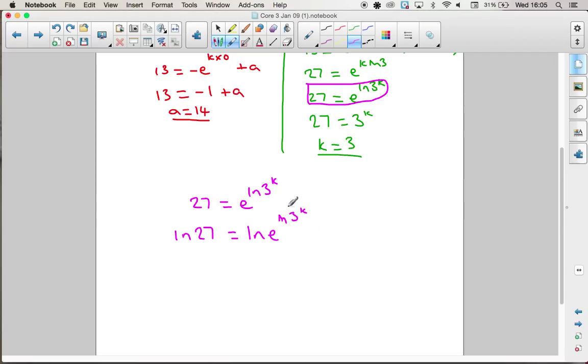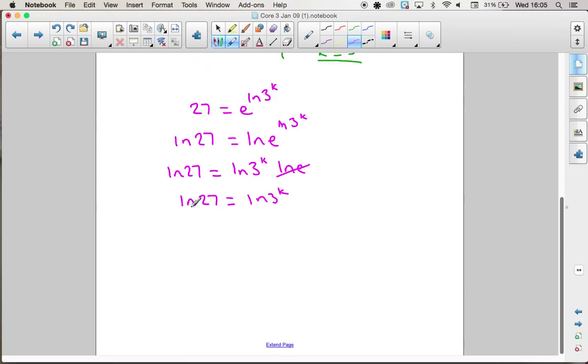And what I can do is use my log rule to bring all of this down as a coefficient in front of the ln of e there. So I'll get ln of 3 to the power of k times by ln e. ln e is 1, so we can get rid of that to leave us with ln 27 equals ln of 3 to the k.